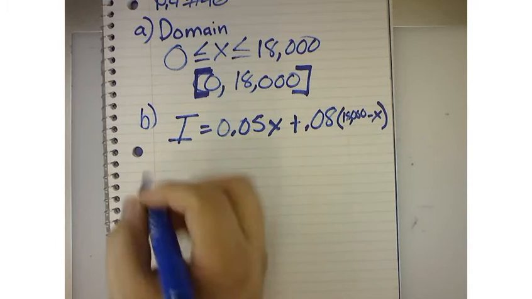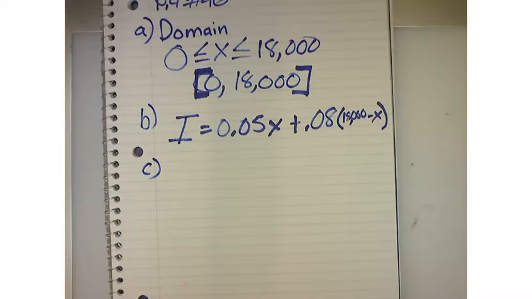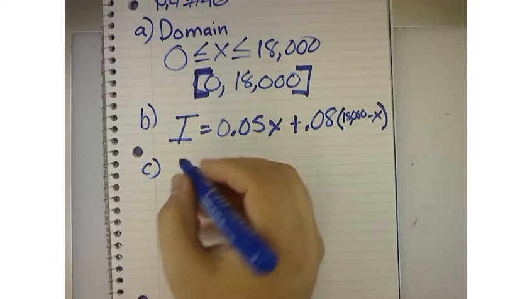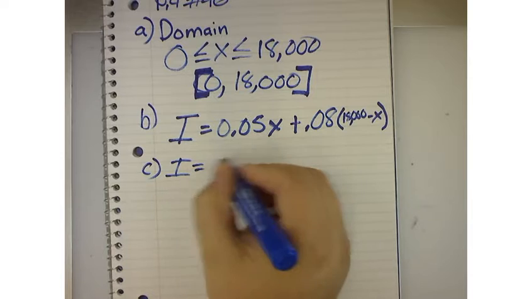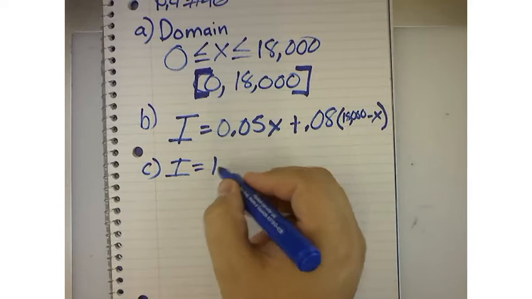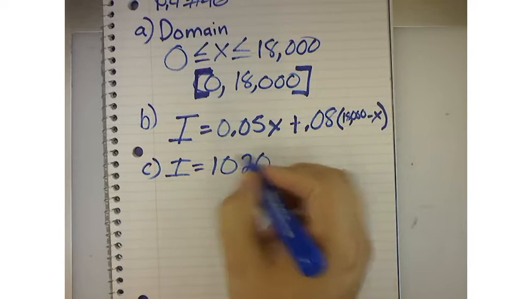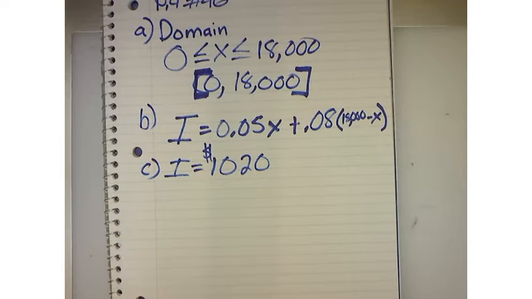That's our equation. Part C says, graph and trace the estimate of how much Mary Ellen invested at 5% if she earned $1,020 in total interest. So what they want to know is, how much money did she put in for X to get $1,020 in interest? So how do we do that on our calculator?